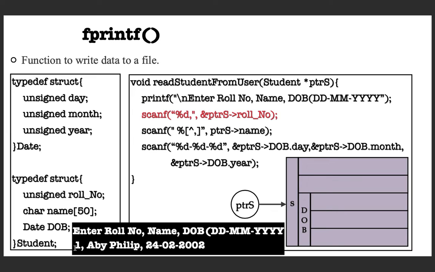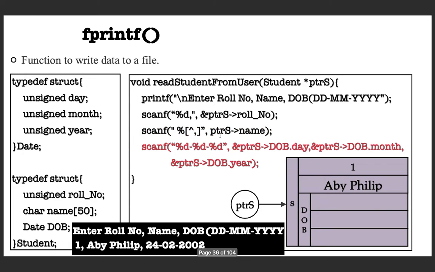Now the roll number field, that is 1, will be taken into the roll number field of the structure, that is this field. So if you progress, you will get 1 stored here, and proceeding down, what is it saying? Until you see a comma, read all the characters and store it in the name field. So until the comma, AB Philip will be taken and stored here in the name field.